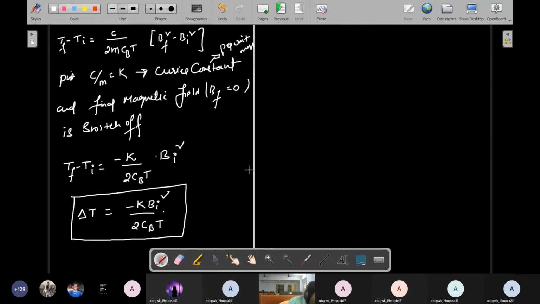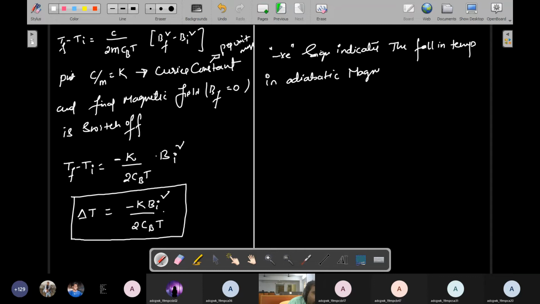Okay. Here the negative sign indicates the fall in temperature in adiabatic demagnetization. So the negative sign indicates the fall in temperature in adiabatic demagnetization.